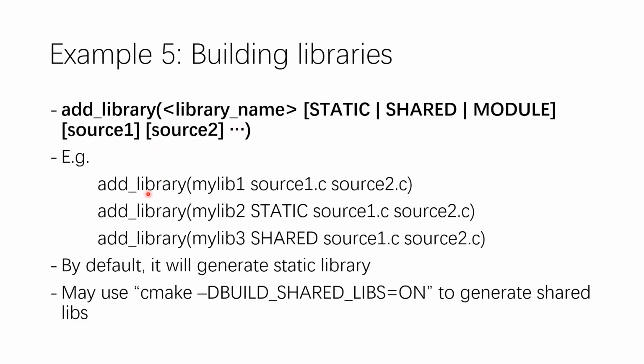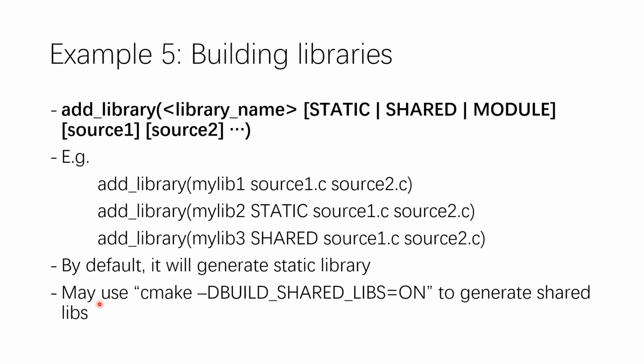For example, the first command will generate a library called mylib1, and the source files to generate it are source1.c and source2.c. Here we didn't specify the type of this library, so by default, it will generate a static library, and mylib1 is static. In the second command and the third command, we specify the type of the library. It's static and dynamic library.